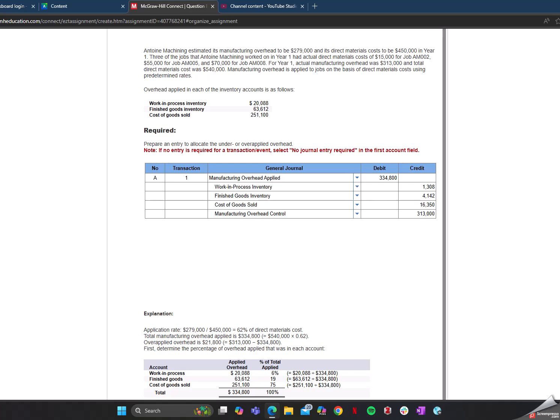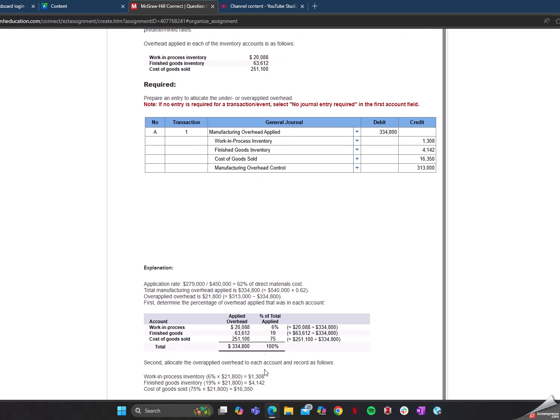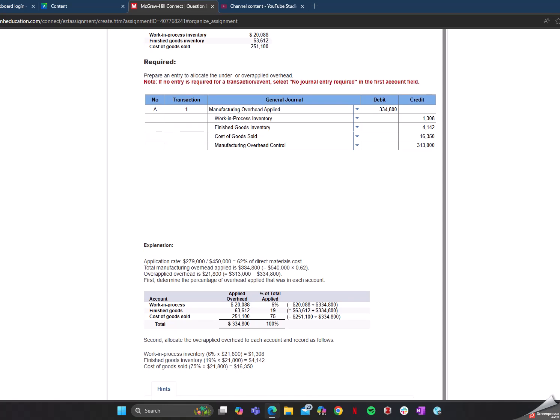So now that over applied amount, we're going to allocate it to these 3 accounts based on their proportionate percentages. So if we add them together here down below, so our work in process, finished goods, cost of goods sold, and then we take each line item and divide it by the total.